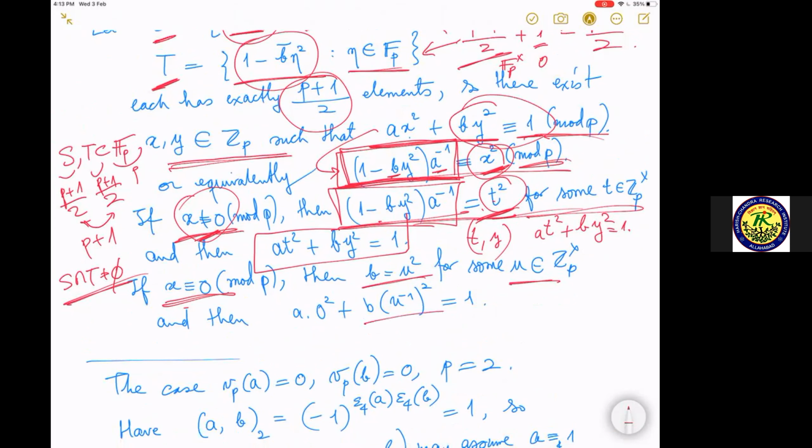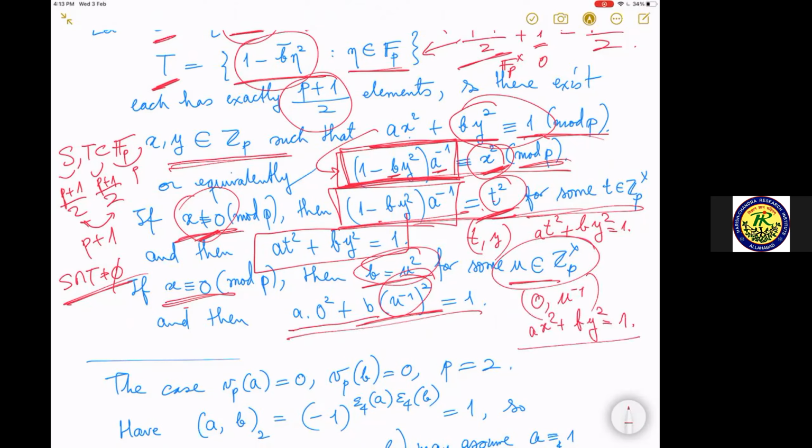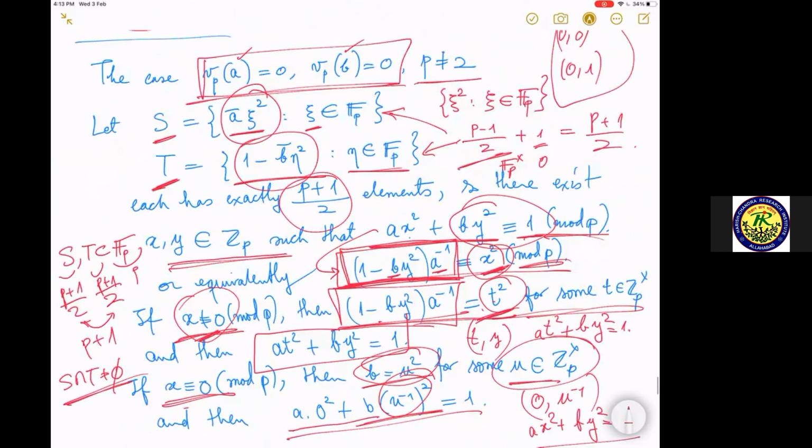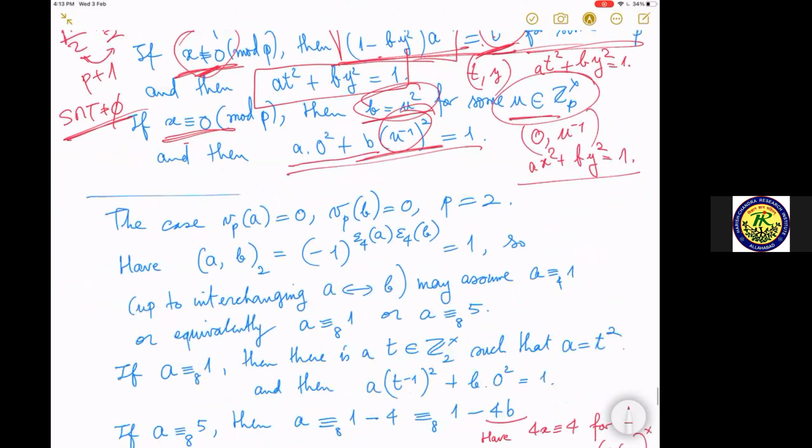So if it's a square modulo p, it's going to be a square in the units, that's here, and I get this solution 0 comma u inverse to my equation ax squared plus by squared equals 1. So that was the case when a and b are both units and p is odd.